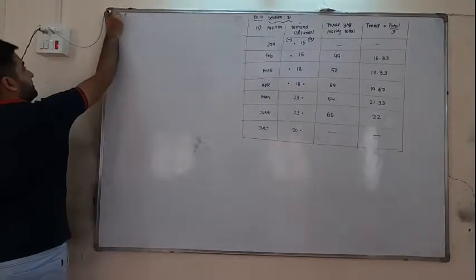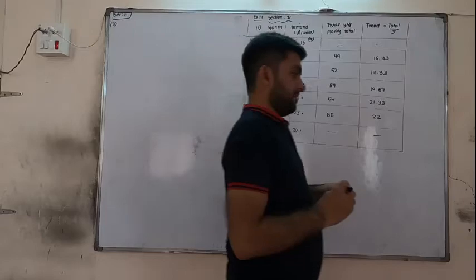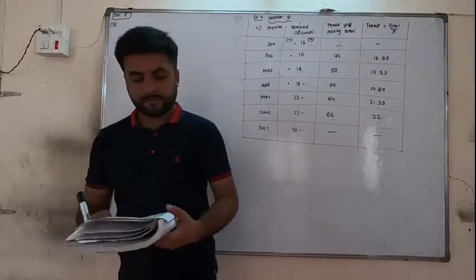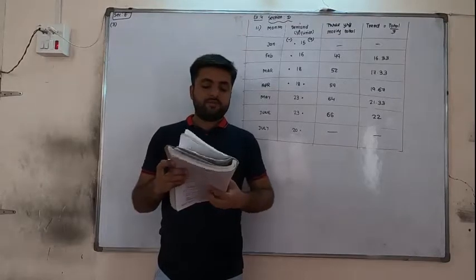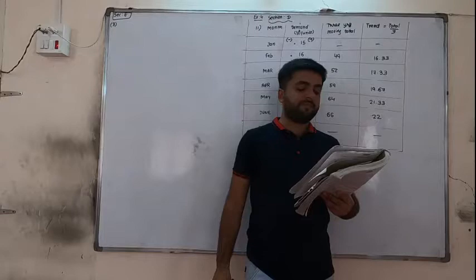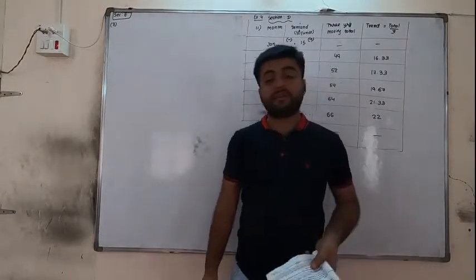The data about closing price of shares of a company registered in a stock exchange in different months is given in the following table. Find the trend using 3 monthly moving average.